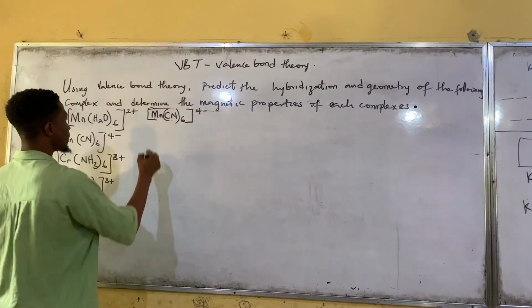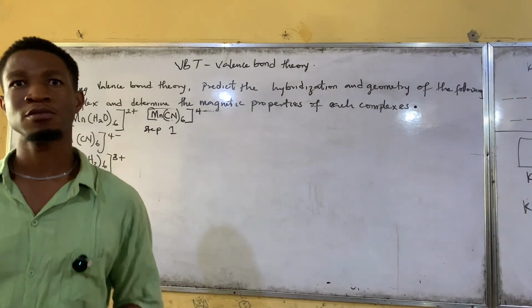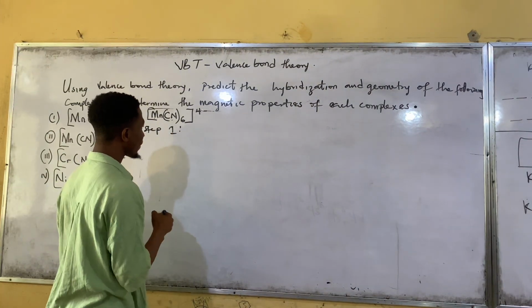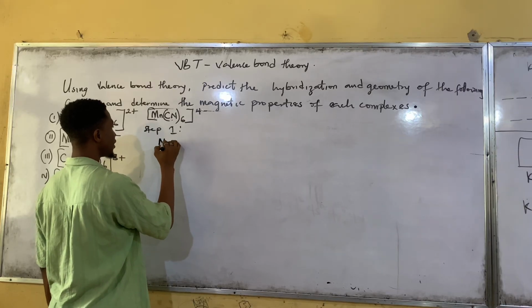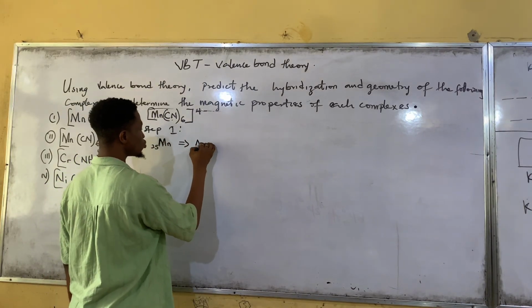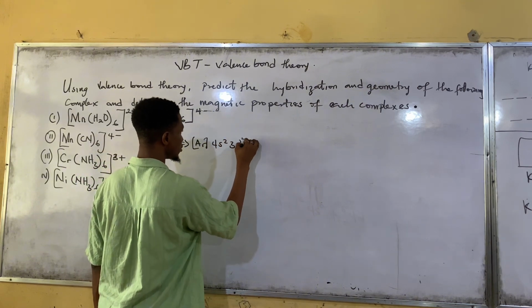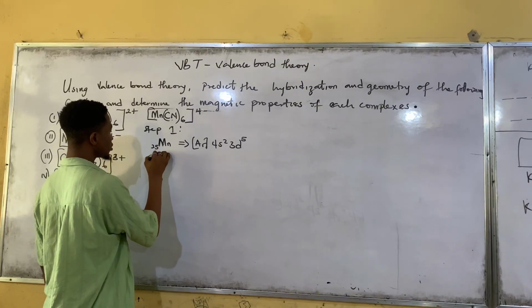Alright, can we move? So step 1. What's step 1 again? So what's the metal center here? Alright, so we're identifying the metal center, which is Mn, and it's 25, right? The electronic configuration will be argon 4s2 3d5. Now let's calculate the oxidation state.